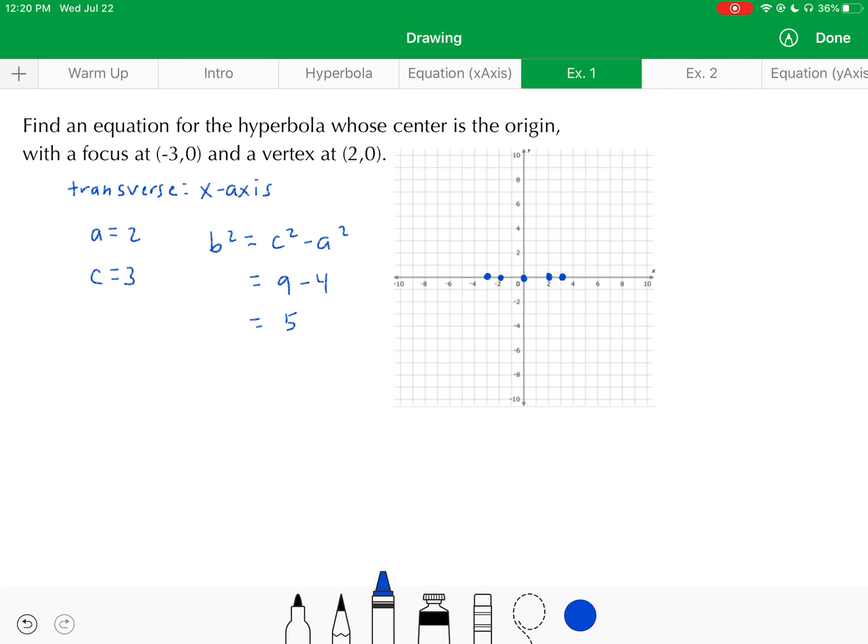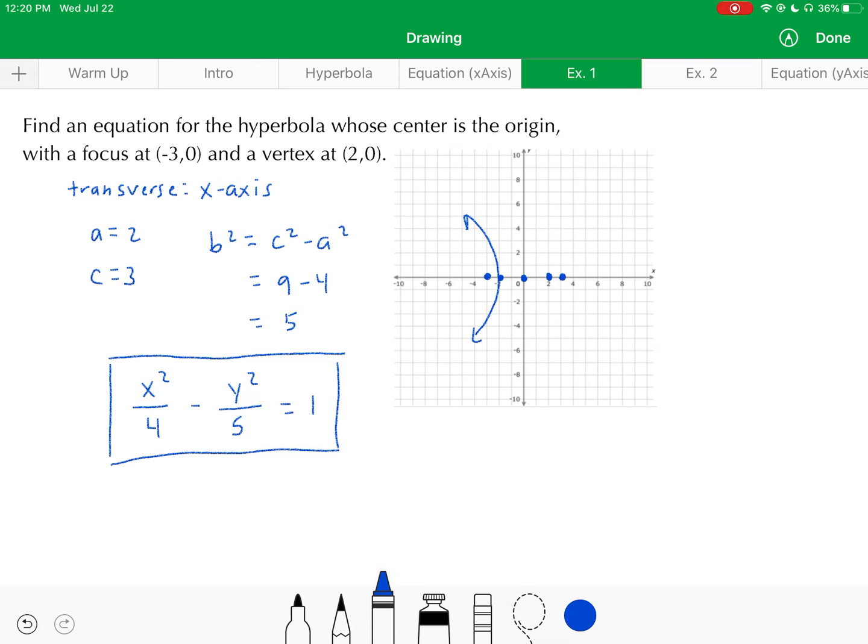It would be x squared over my A value squared, which is 4, subtracted by y squared over 5, my B squared value, and that's going to equal 1. And just to give you an idea of the behavior of this hyperbola, this isn't completely accurate, but we know it's going to be opening to the left and to the right.